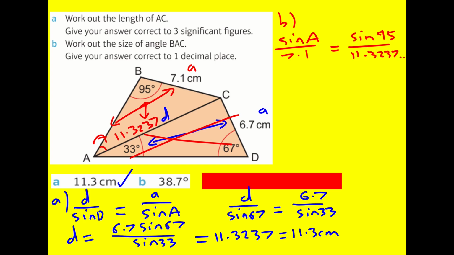Notice for the side I've used this version of the sine rule. For the angle I've used this version. I can just swap between them really quickly. So sine A is going to times through by 7.1. We're nearly there.